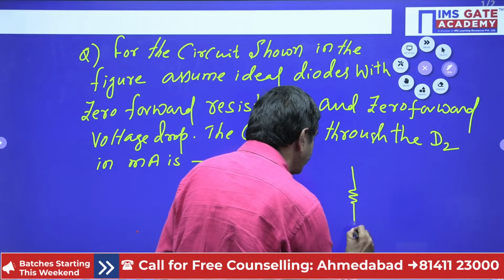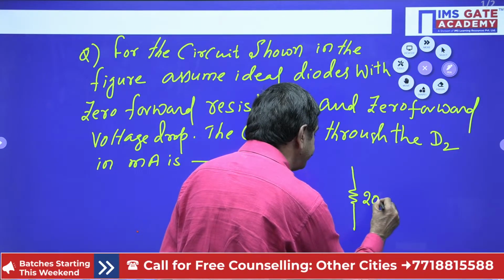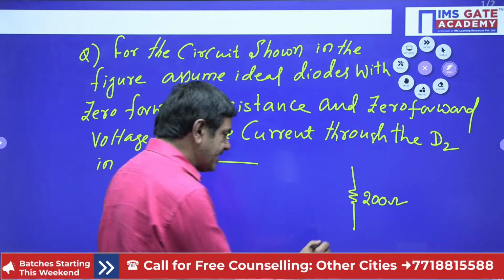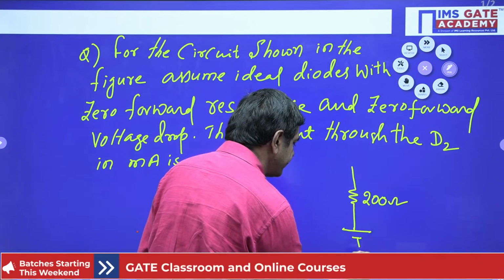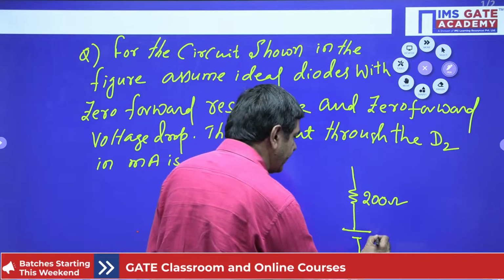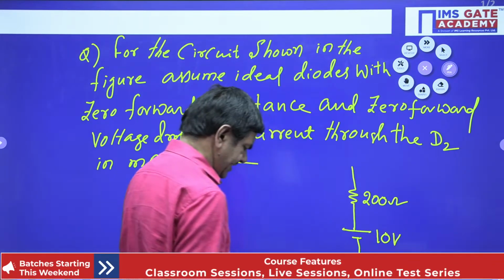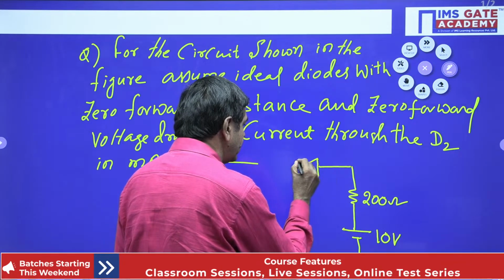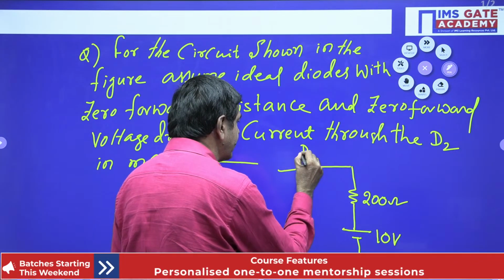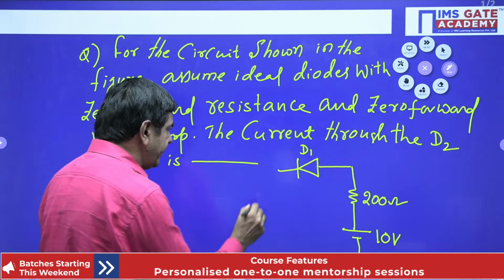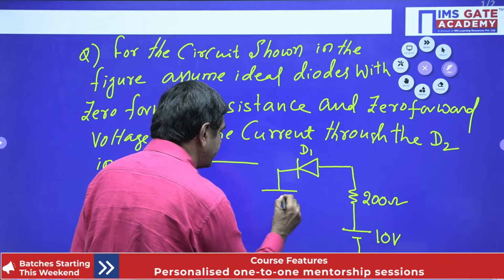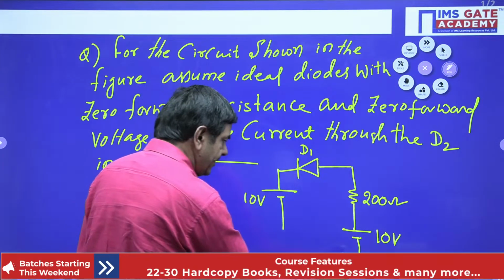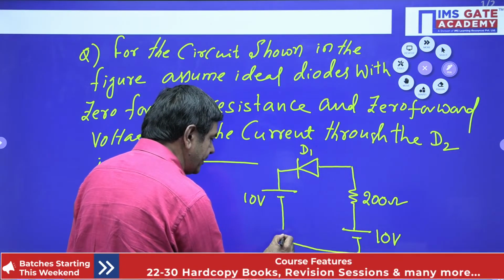Here the network is given like this. A resistance of 200 ohms is connected here. There is a battery, and its voltage is given as 10 volts, and on this side one diode is connected. This is D1, and here it is connected with 10 volts. These two are connected like this.